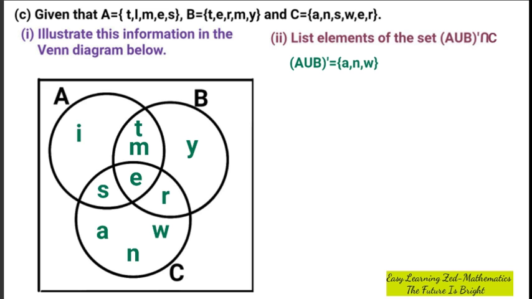Now, once we've done this, the next thing we're going to do is list the members or the elements of set C. This is the entire set C, the set I've circled there. So it's just a matter of copying the entire set down here.